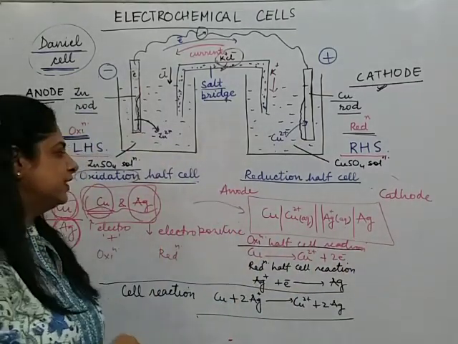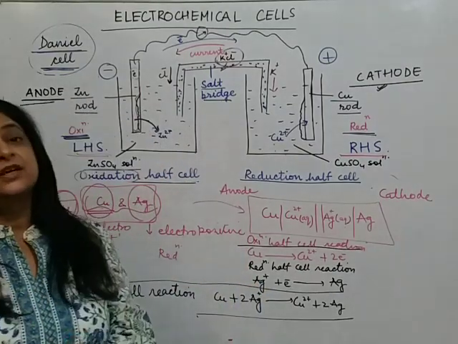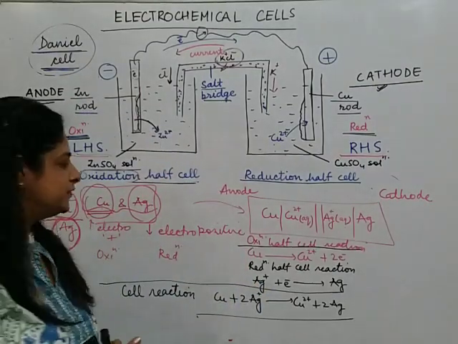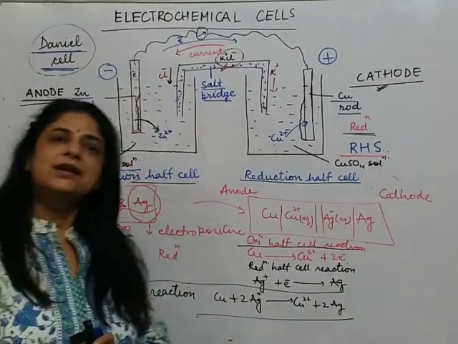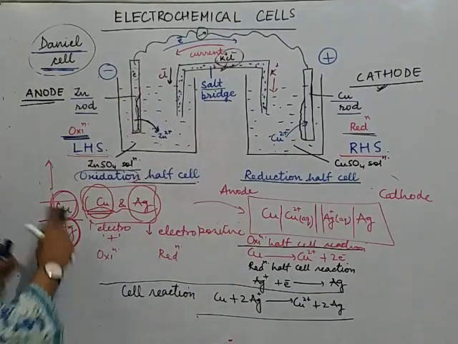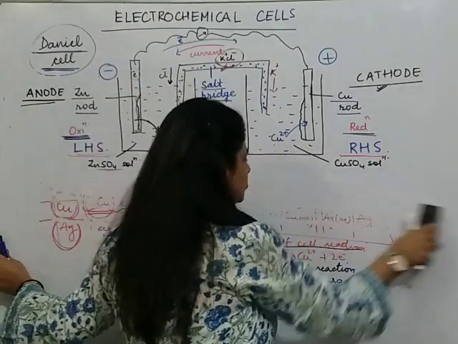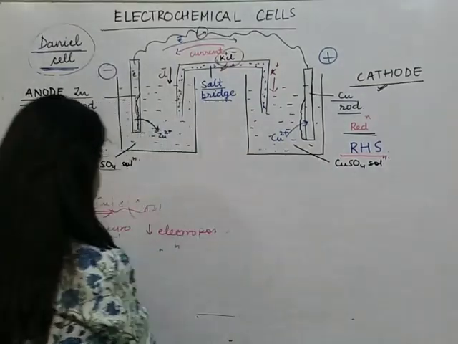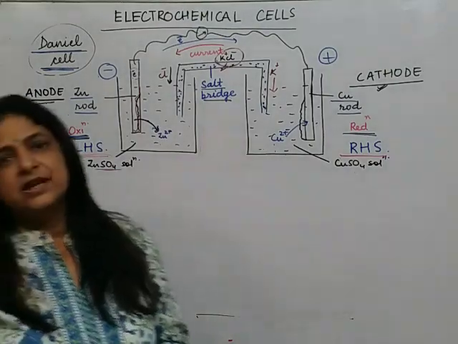On the basis of it, we can find out what are the half reactions taking place in the respective half cells, and what would be the overall cell reaction taking place. Now, two more important aspects, very interesting facts related to this type of cells, we are going to discuss.